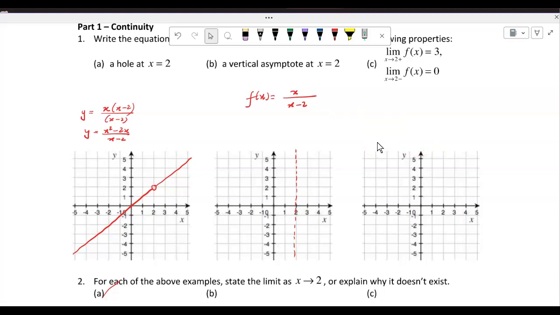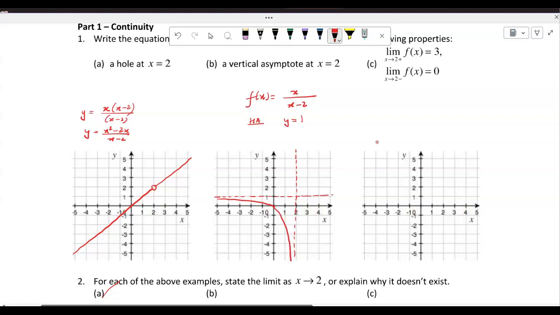So my x-intercept will be, so what's your horizontal asymptote? Y is equal to 1. What's your y-intercept? So my x is 0, so 0, 0.